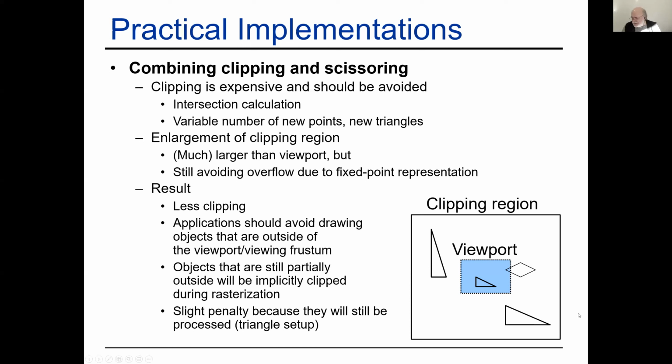However, sometimes, as for this object here, that is partially inside the viewport, there is a good likelihood that this object will be close to the viewport, but still be within the clipping region. Which means I can represent the object in fixed point, which means I don't have to do clipping in this case.